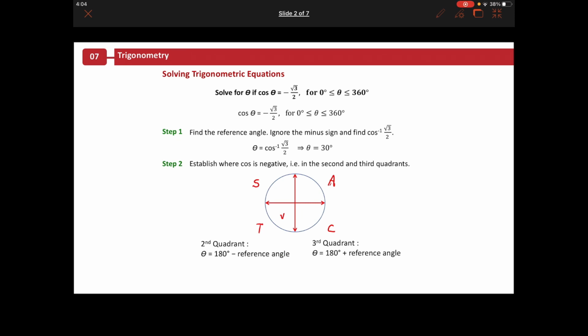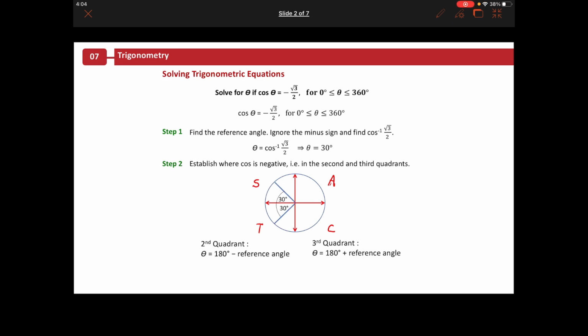So we want to solve for the angles that give root 3 over 2 in the second and in the third quadrant. Theta in the second quadrant is equal to 180 degrees minus our reference angle. Theta in our third quadrant is equal to 180 degrees plus the reference angle.